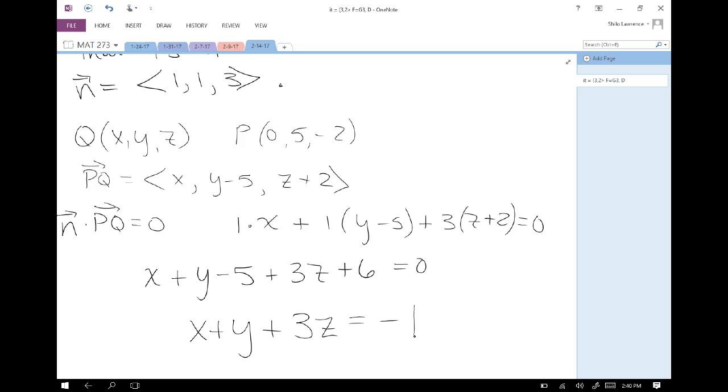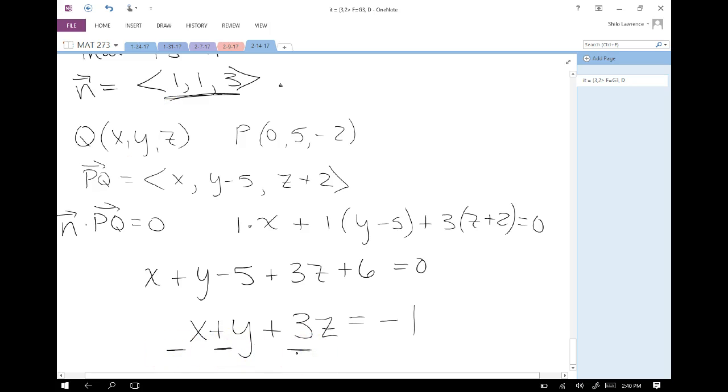What were the components for the normal vector? One, 1, 3. What are the coefficients on X, Y, Z? So even after we do the algebra to get it into general form, you can still see those components. The 1, 1, 3, we still see them here.